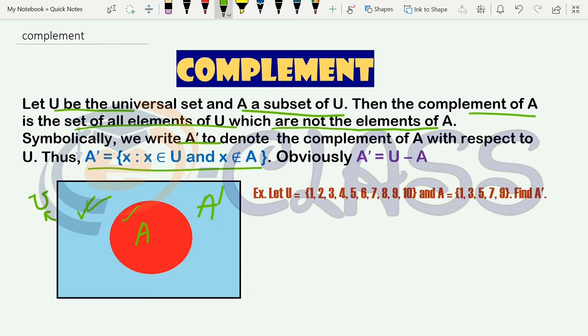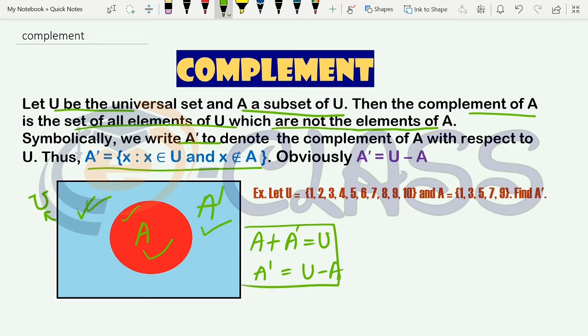If you watch the picture carefully, if we add the two sets A and A dash, we get the universal set U. So we can write A dash equals U minus A. This is a property.